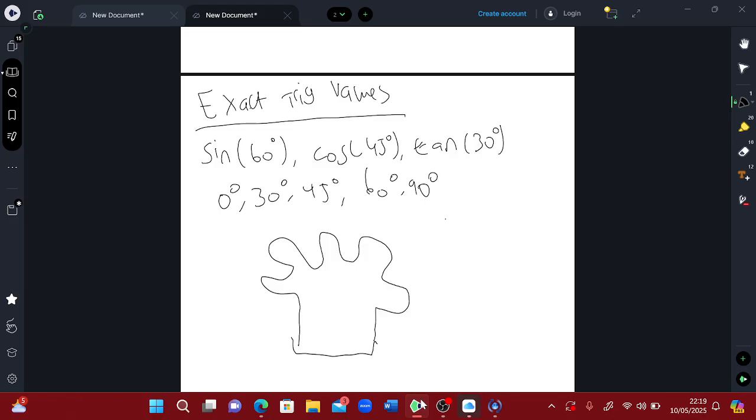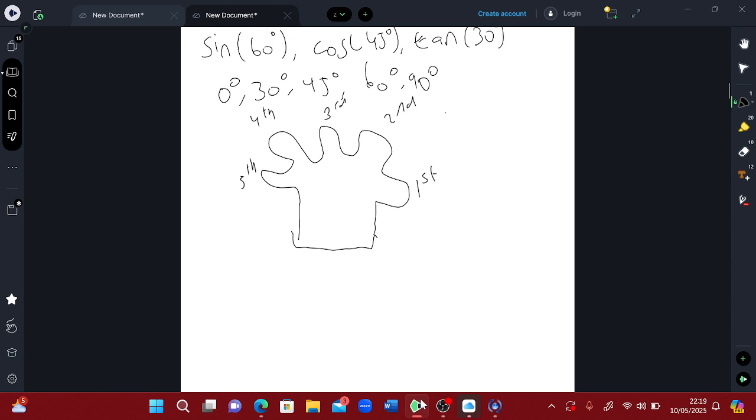How should I label it? No, let's call it one. The first finger, the second finger, the third finger, the fourth finger, and the fifth finger.